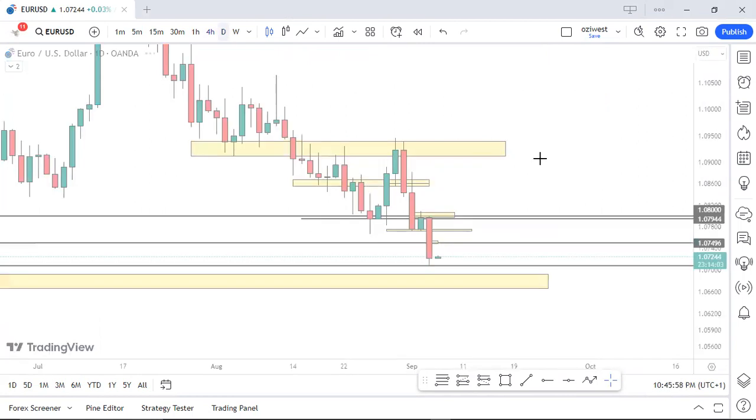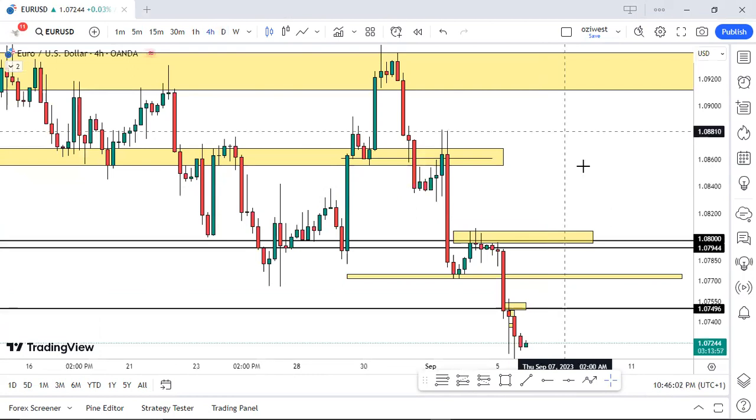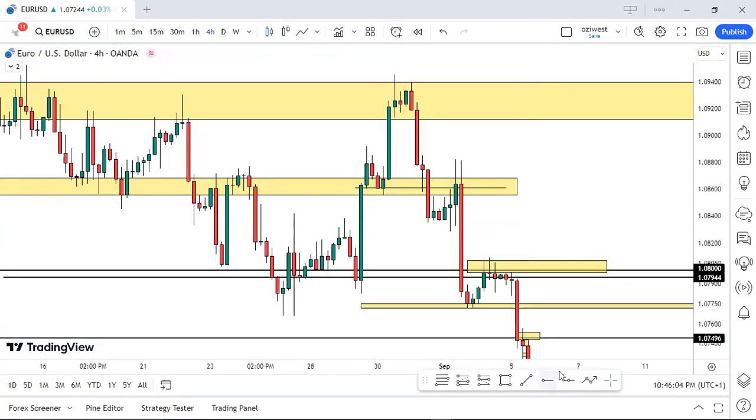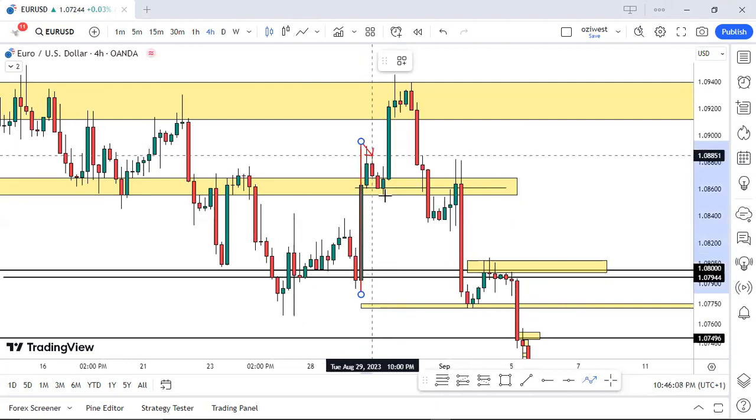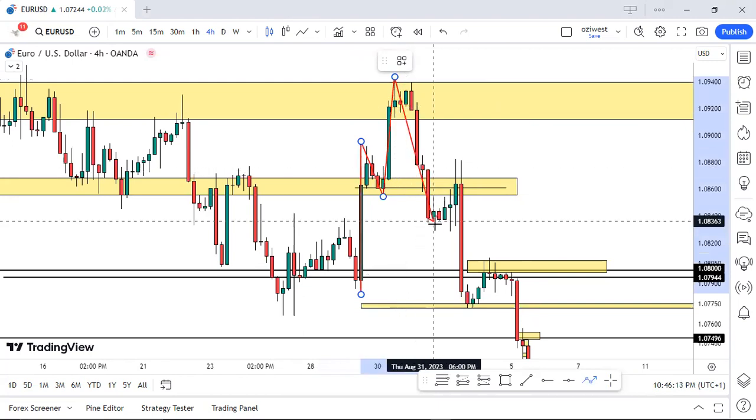So here on the 4-hour time frame, you see things a little bit cleaner. On the 4-hour time frame, you notice that price was forming higher high, higher low, higher high. Then we had a break of structure here.